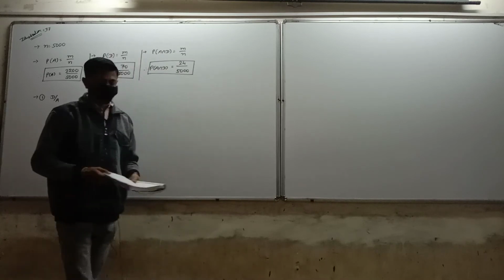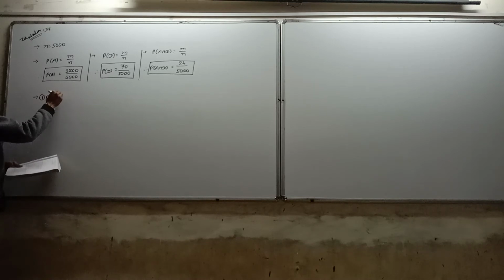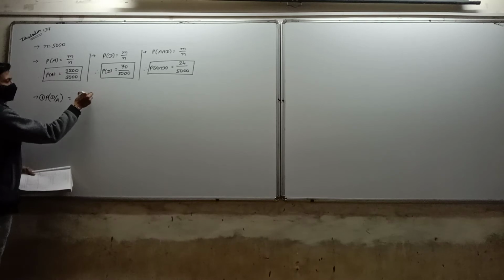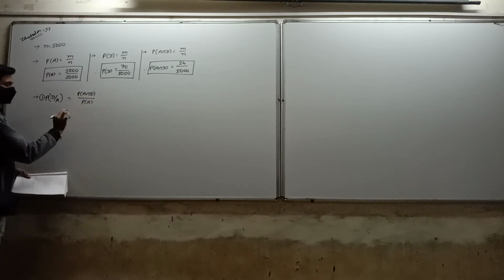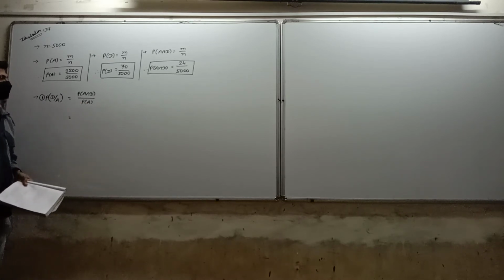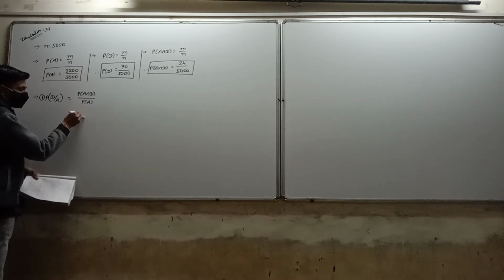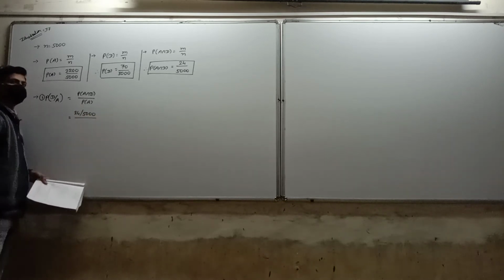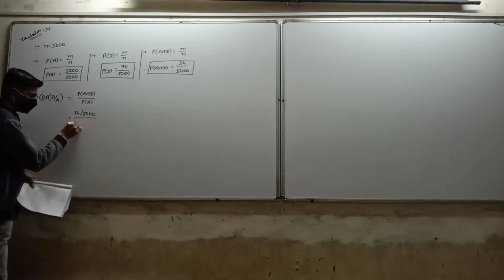New line, write the formula. P of D given that A is equal to P of A intersection D upon P of A. Putting values: A intersection D is 24 upon 5000, divided by P of A, 2200 upon 5000.